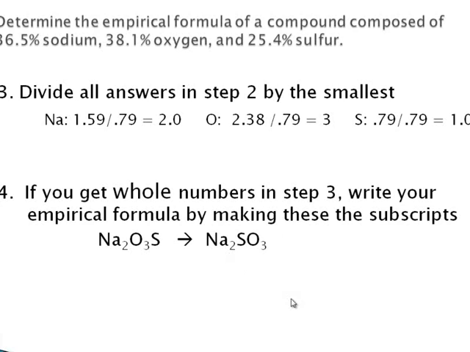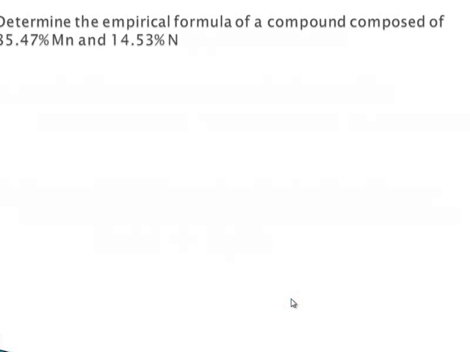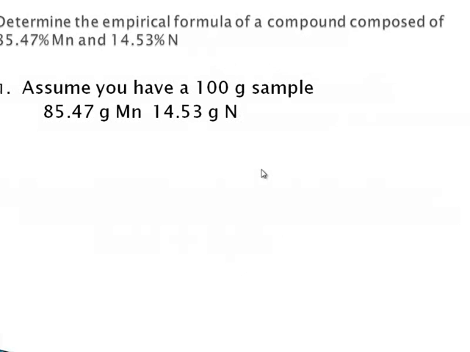Let's do another one. For this one, I need to determine the empirical formula for a compound composed of 85.47% manganese and 14.53% nitrogen. So again, I'm going to assume I have a 100-gram sample, which gives me 85.47 grams of manganese and 14.53 grams of nitrogen.